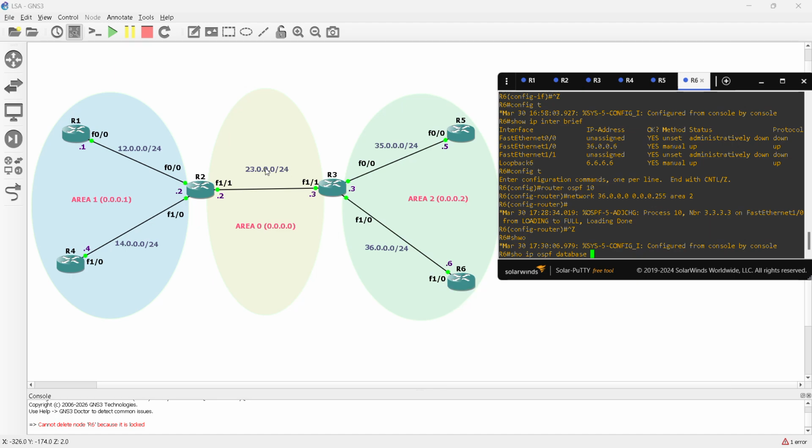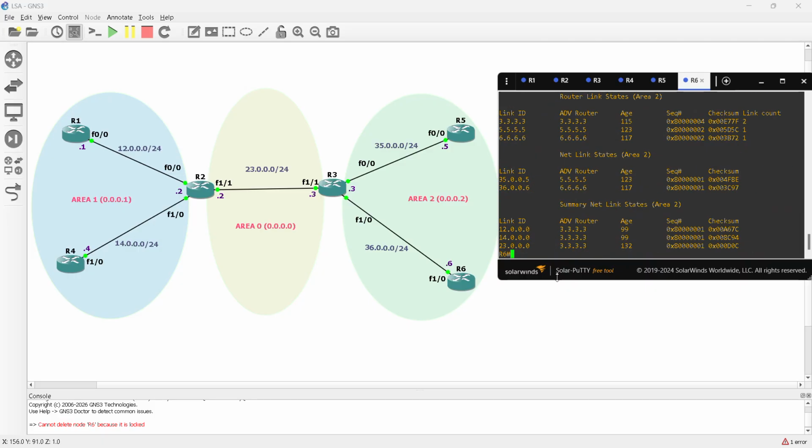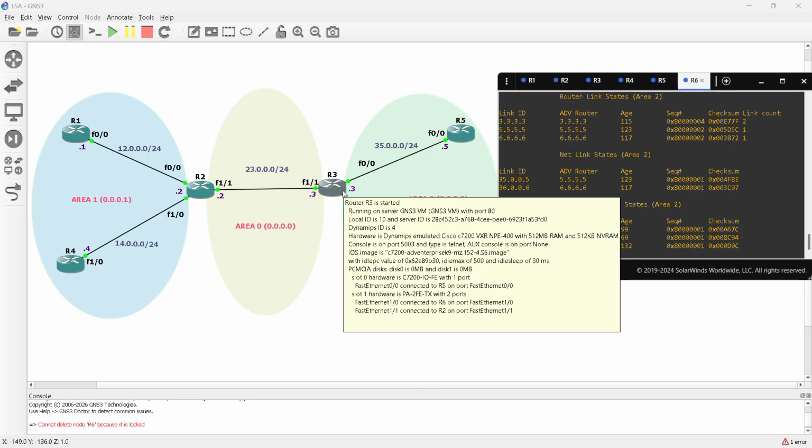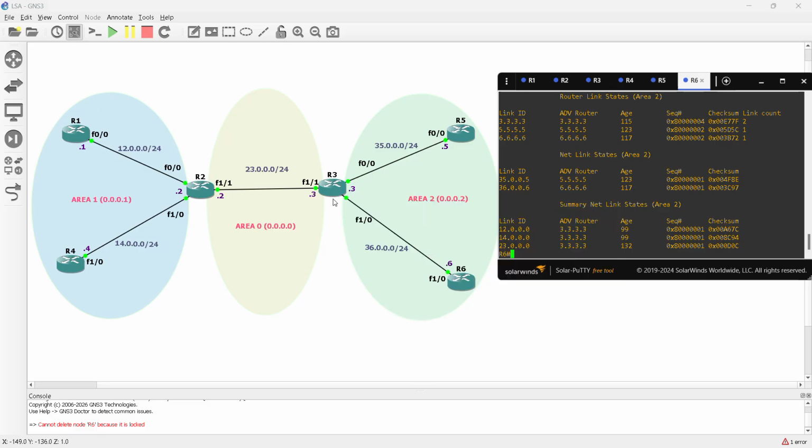Answer is 3: 23, 12 and 14, right? And here if you see, the originating ID is 3.3.3.3, which is R3's router ID. But if you look at it, R2 was the one who generated 12 and 14.